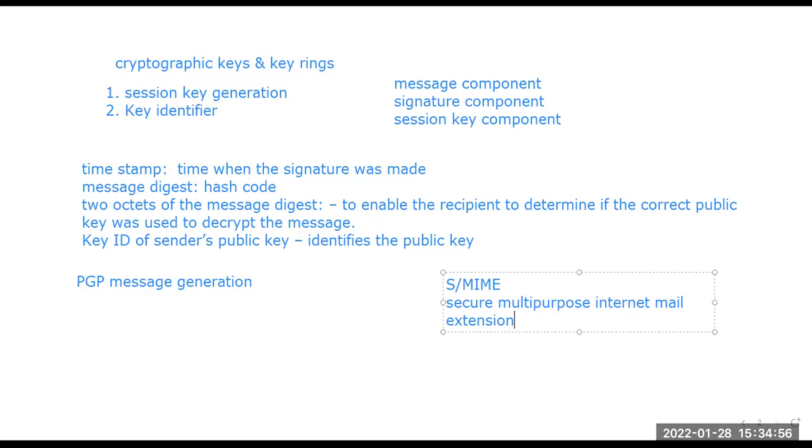The Multipurpose Internet Mail Extension, MIME, is intended to address some of the problems and limitations of SMTP. SMTP, the Simple Mail Transfer Protocol, and some other mail transfer protocols are used for electronic mail. So what are the limitations of SMTP and other protocols? SMTP cannot transmit executable files or other binary objects.